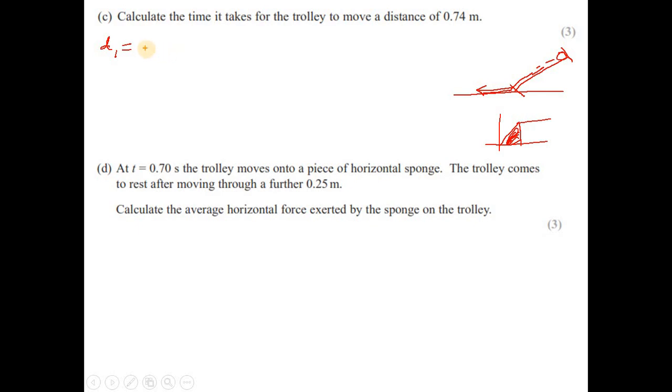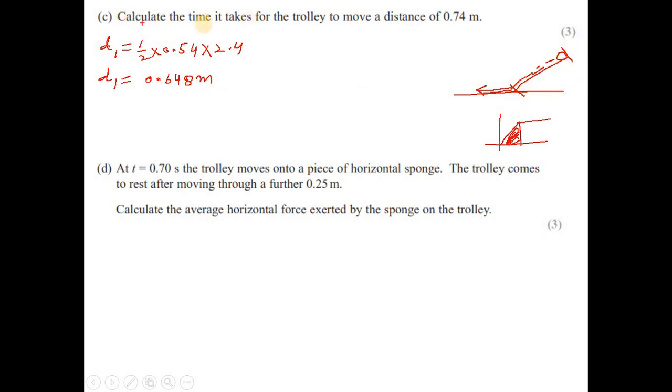D1 would be equal to the area of the triangle, which is half of 0.54 times height, which is 2.4. So if you simplify this, D1 would be equal to 0.648 meter. So this is the distance traveled when the car is moving on the ramp, or length of the ramp.